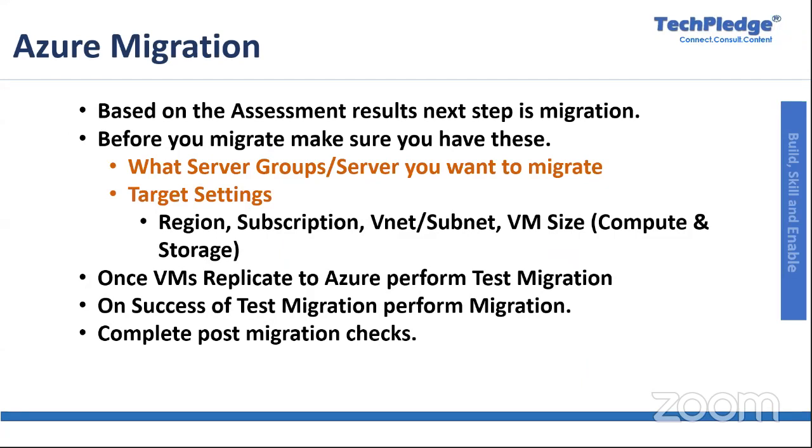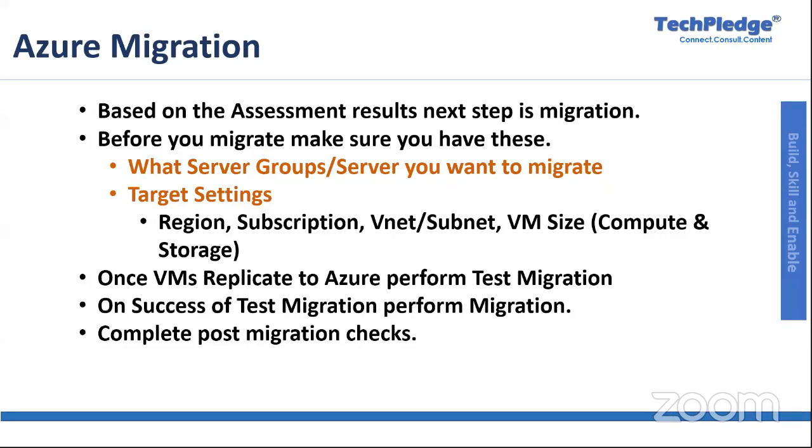Yeah. So you're defining your target settings here. In that, you are defining your VNet and subnet. In Azure, your VNet and subnet define the IP address range, so what your machine will get. So in the design itself, before you actually migrate, you design your virtual network, right?